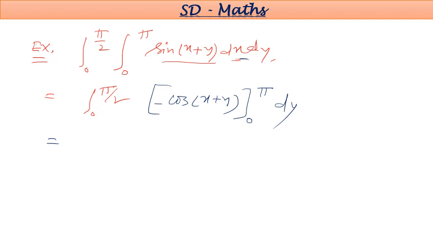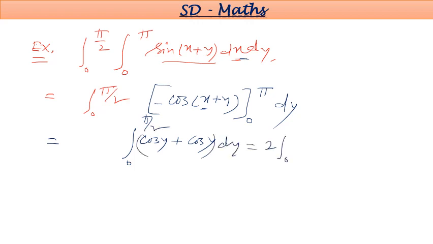Now putting the limit, so putting here x equals to pi, cos of pi plus y means it will be minus cos y, right? So minus of minus cos y means cos y, plus the next will be cos y, and integrate 0 to pi by 2 dy.